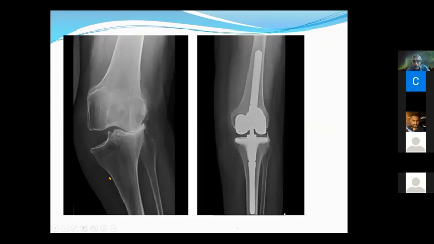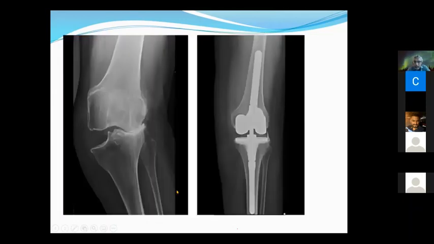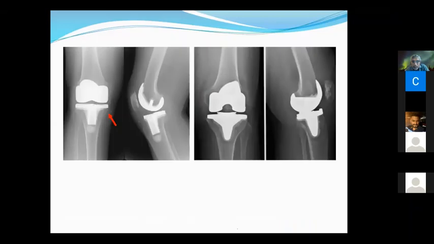So the reason for showing all these joints is we come to the next question. What is constraint? What do you mean by constraint? If you understand constraint, you will understand all these knee replacements, that there are various kinds.